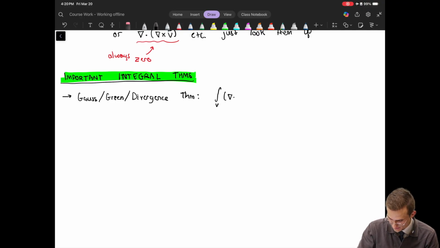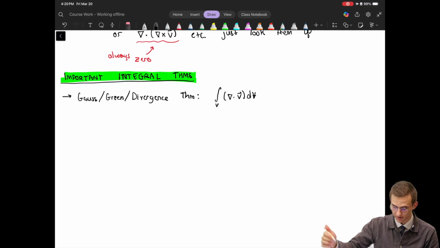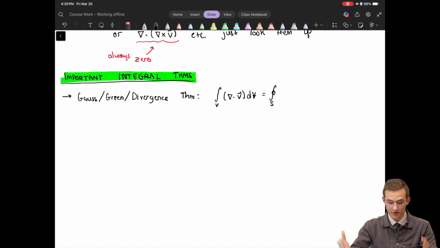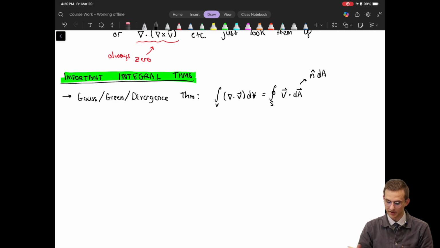It says that the integral of the divergence of a vector field over a certain control volume, where dv is like dx, dy, dz in Cartesian coordinates, so it's a triple integral, is equal to the closed surface integral, over the boundary of whatever volume you are integrating over, of v dot dA, where dA is the outward facing normal times an infinitesimal area element.